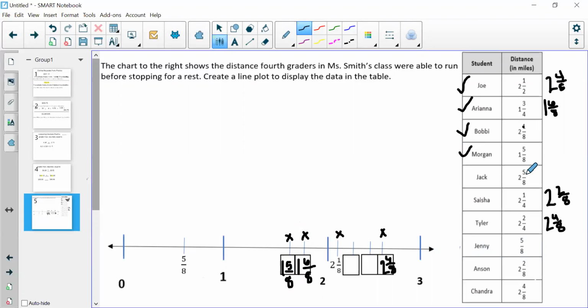Jack ran 2 5/8. So 2 5/8 is going to go right here. Oh, I hope you guys can read that, but you know what I mean. And so we're going to put an X mark above that point. Saisha ran 2 2/8, which is going to be right here.